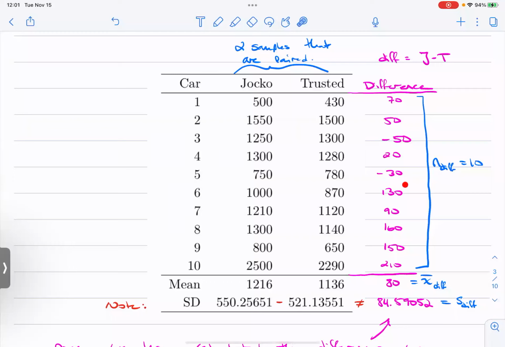The largest difference, positive or negative, is this 210. What I really am concerned about is whether this is an outlier or not. What can I do? I can standardize it. I can see how far 210 is from 80 if the standard deviation is 84.59. If it's within 2.5 standard deviations, I'm safe. Even 3, we could push it to 3 if we're desperate. But I'm going to check that 210. If 210 checks out, then I can assume all the other ones are within normal range.